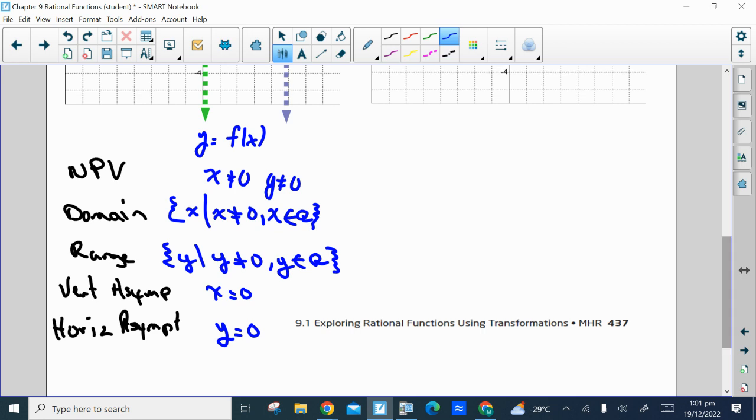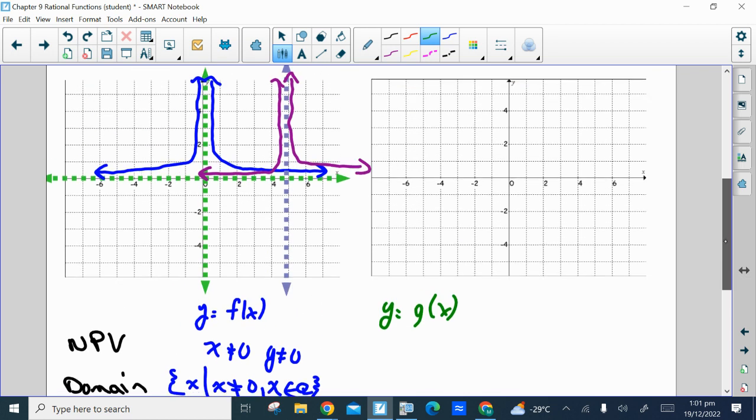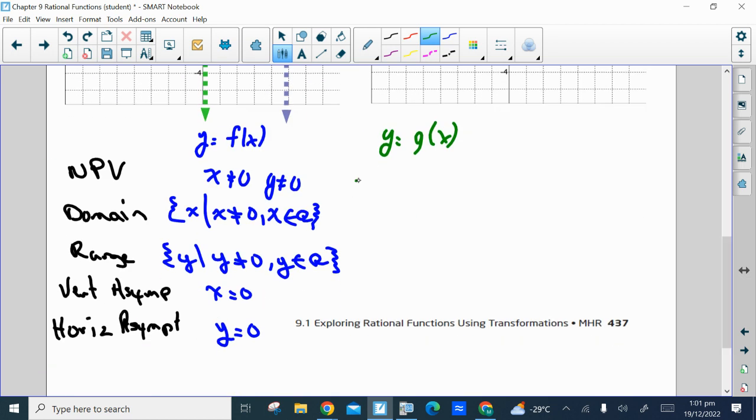So that's for f of x. That's 1 over x squared. What about g of x? That was 3 over x minus 5 all squared. So our non-permissive values here were that x cannot equal 5, but y still could not equal 0. And again, that leads us directly to our domain and range.